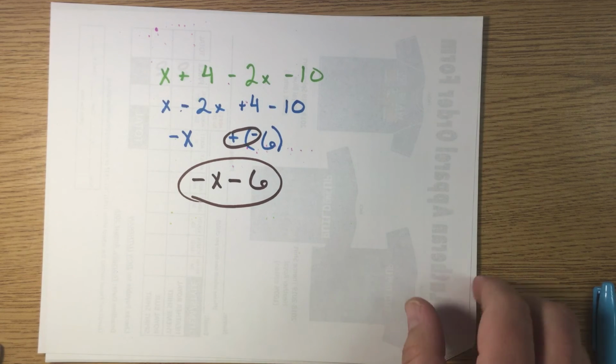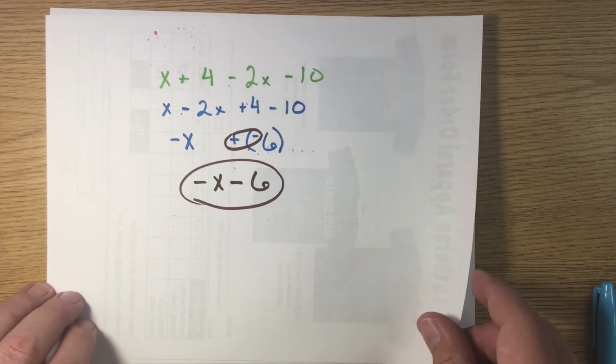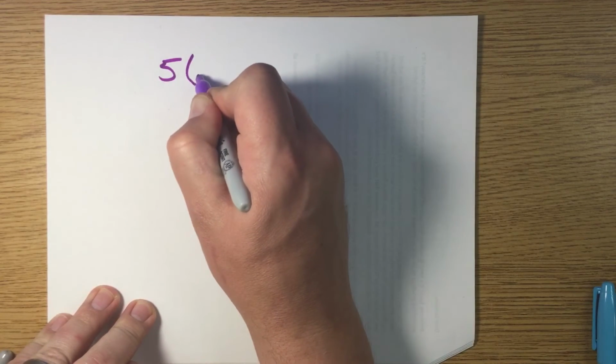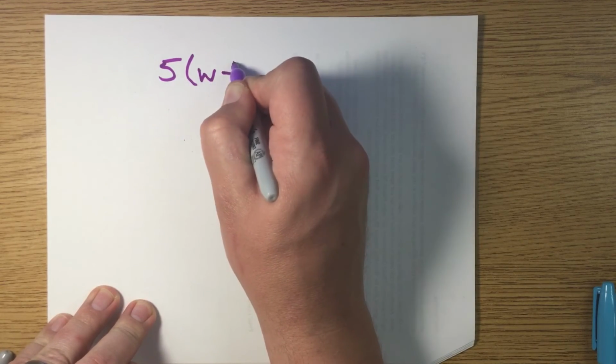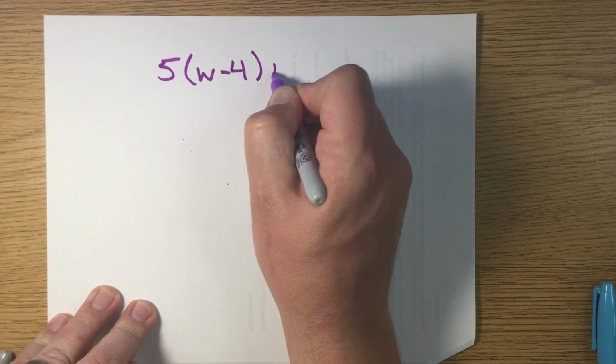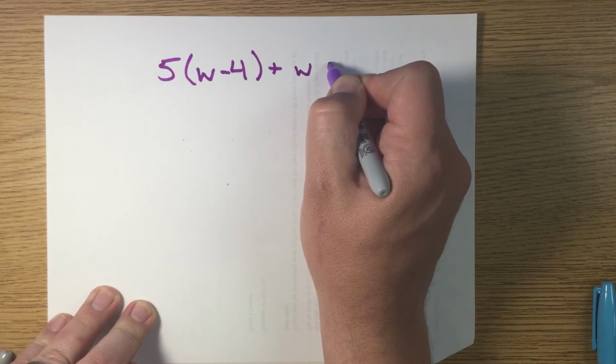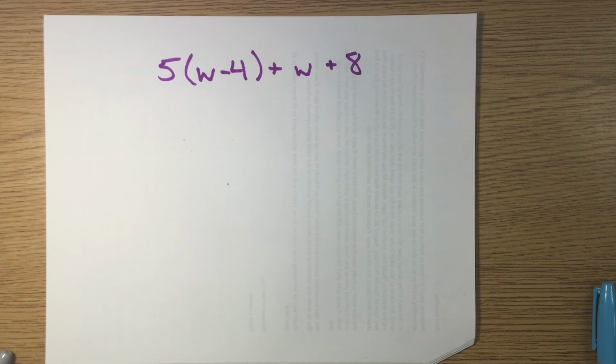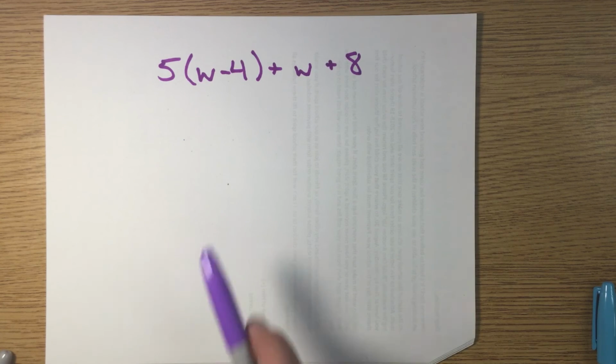Now, what about in example 3, where I'm given some parentheses to maneuver around? I'm asked to simplify 5 times the difference of w and 4, plus w plus 8. Now remember, order of operations tells me I have to do what's in parentheses first.